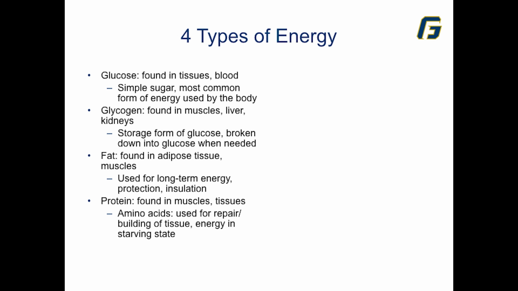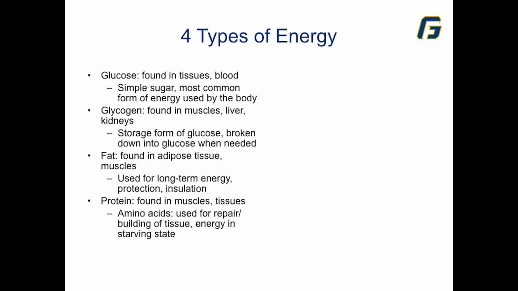And again, it's really just this storage form of glucose so that when the individual tissues start to run out of glucose, then glycogen will break down and release more and more of this glucose into the blood.